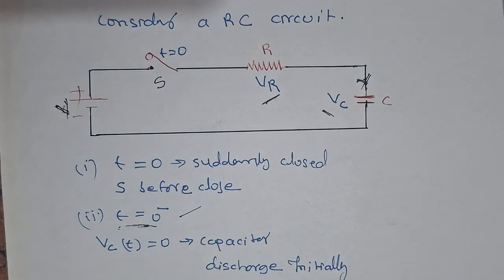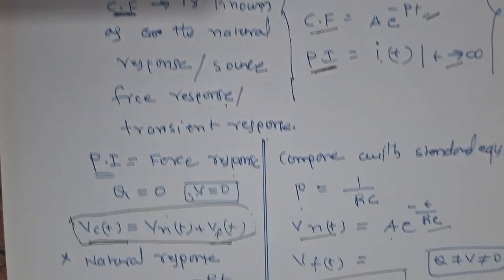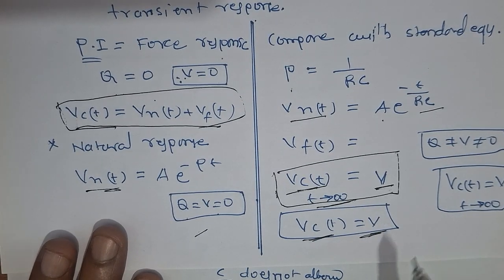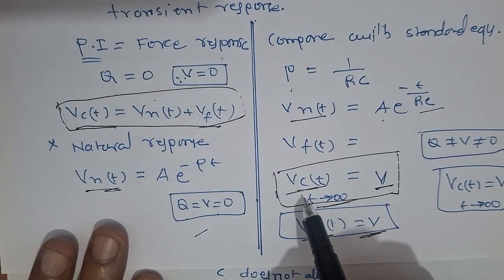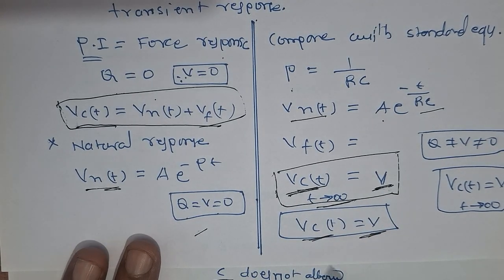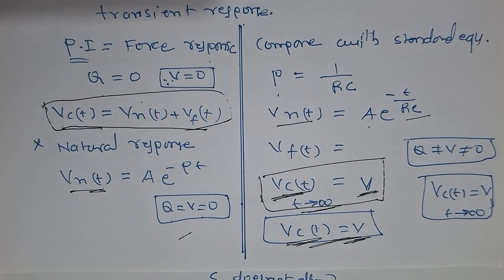So that is the time at t equal to infinity, when the capacitor voltage is equal to the input voltage, Vc(t) equal to V. That is the time period for the capacitor to get fully charged.